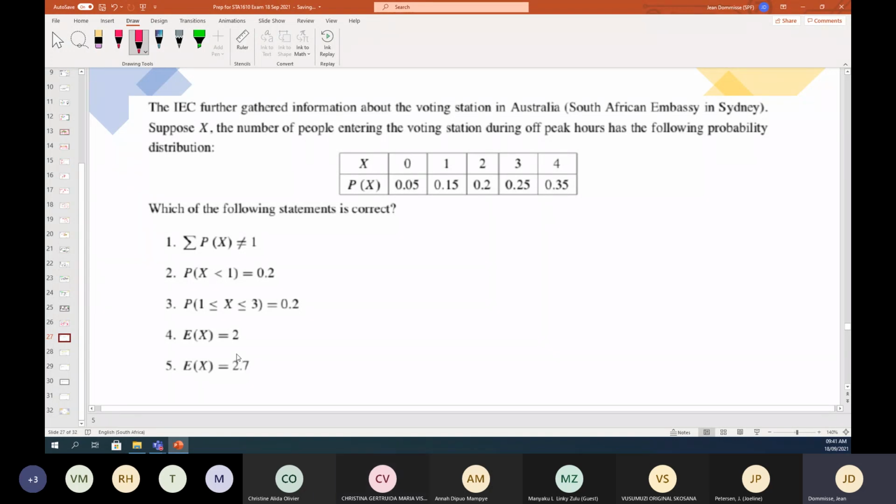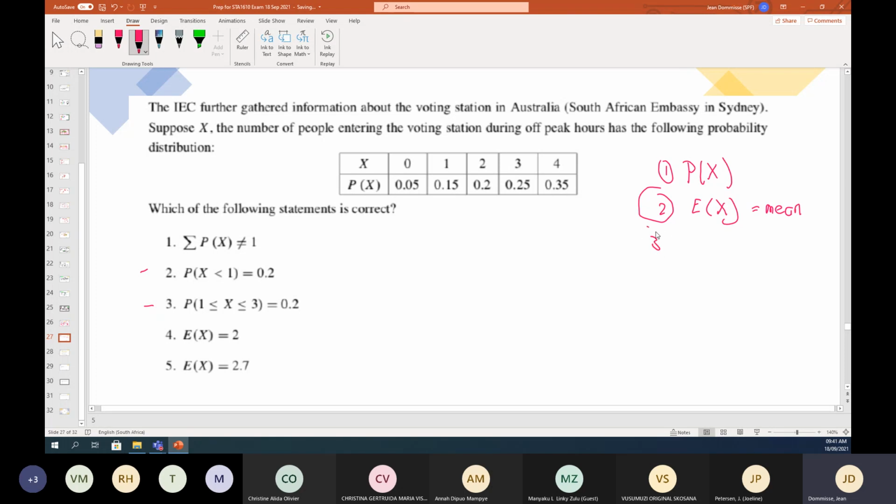So let's look at the things that they ask. In discrete, there are 3 possible answers that they can ask for. The one is to say, work out the probability. The other one is to say, work out the estimated value of x, which is basically asking you to work out the mean.